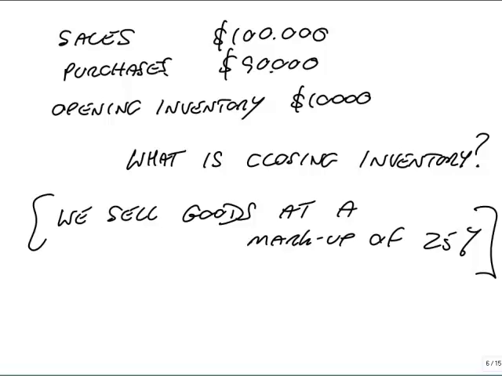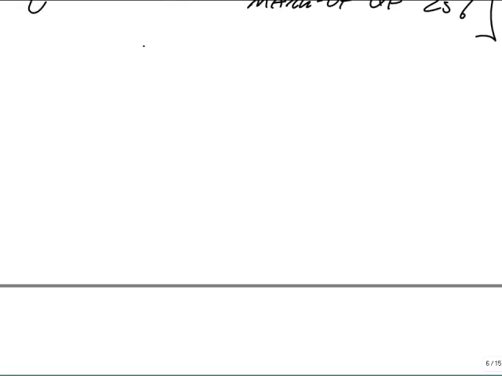What I always do is this. It's up to you, by all means do it differently. What I always do, I set up a little trading account. What I mean is, think back to last time. What do we normally do in our income statement? You show sales less cost of sales.